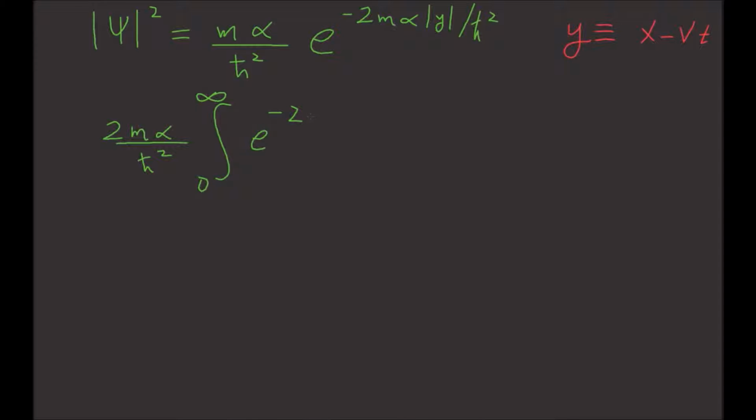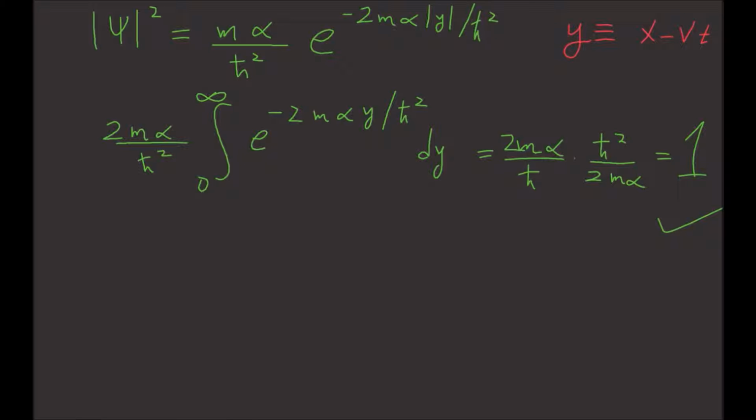So let's check that. dy is just dx. This integral is going to equal h bar squared divided by 2m alpha, and indeed this is equal to 1. So that's good.